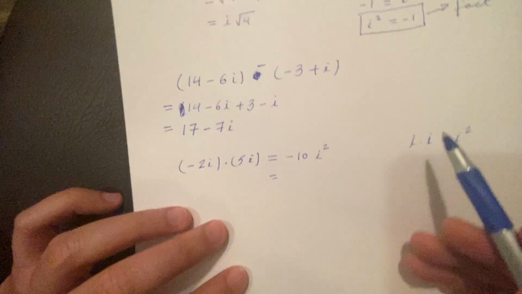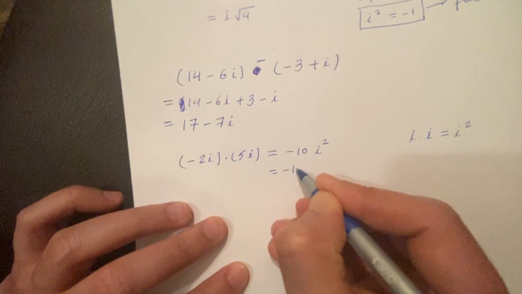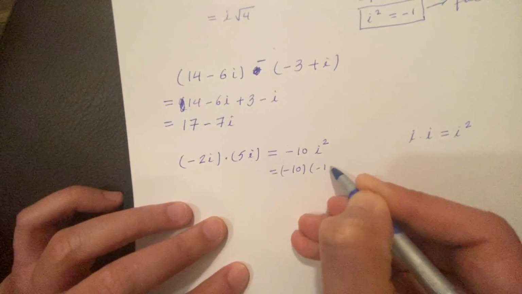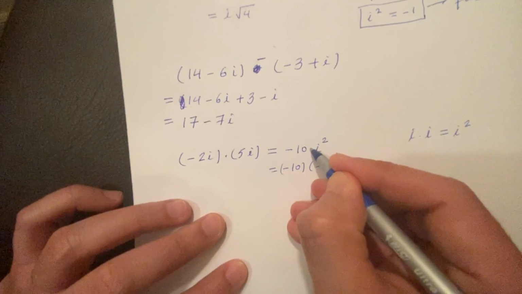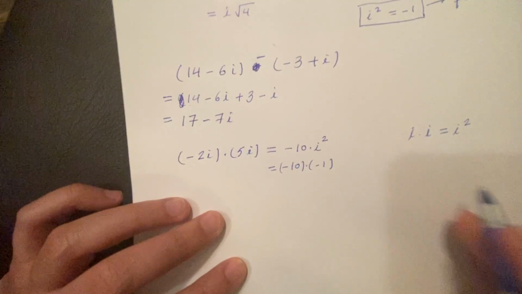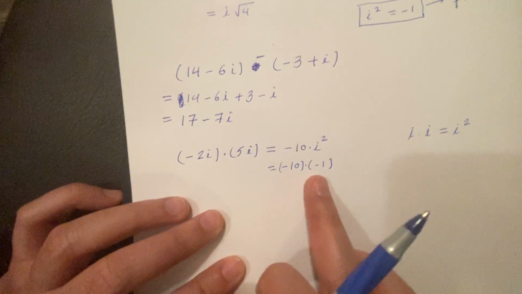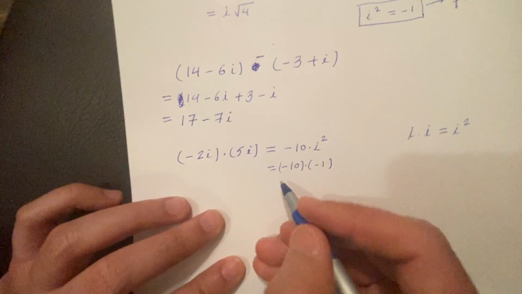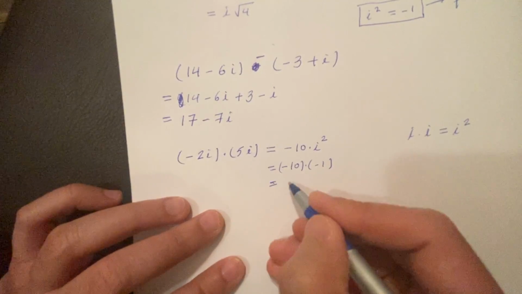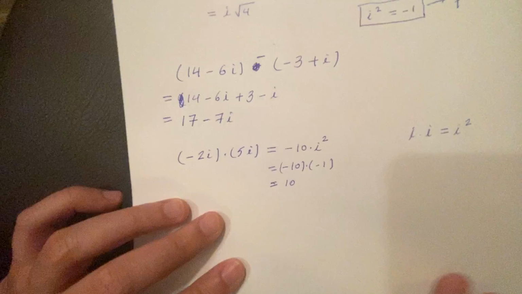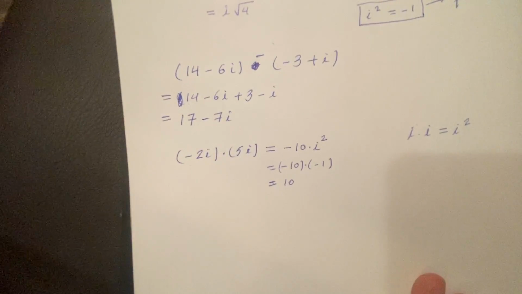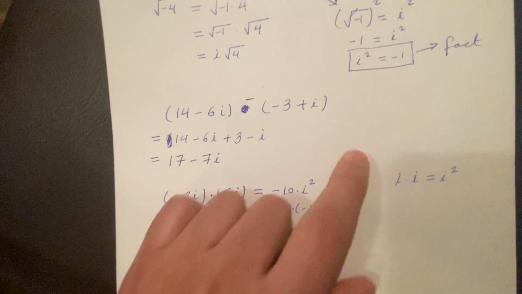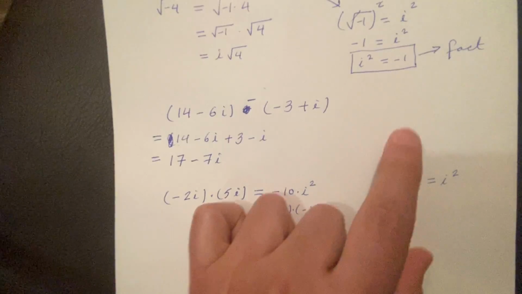So here we can say negative 1. Since we're multiplying these two, now negative 10 times negative 1 is positive 10. All right, so you just have to use this formula, or this fact, here.